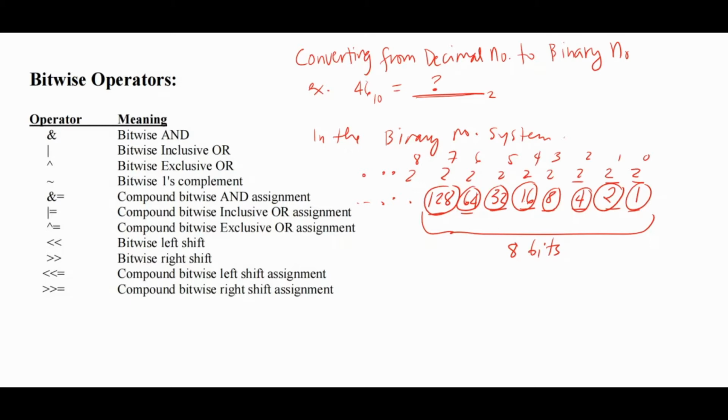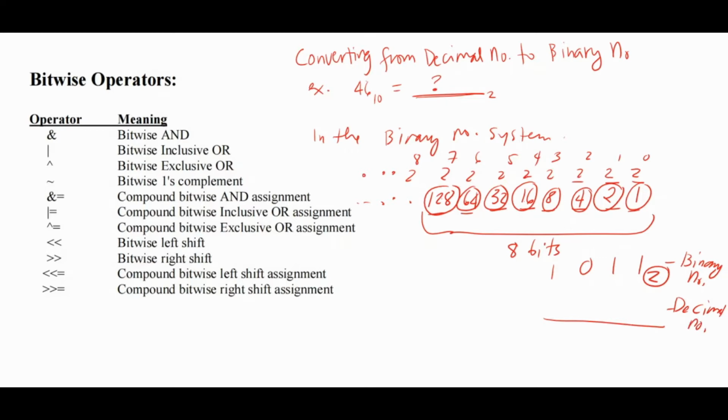So say we have the value 1011. This is a binary number, so base 2. What is the equivalent value of this binary number in decimal form?